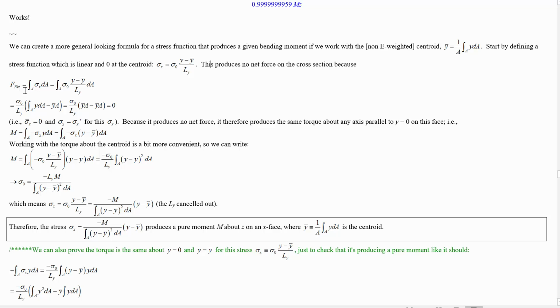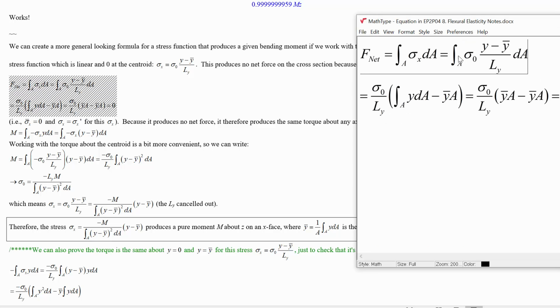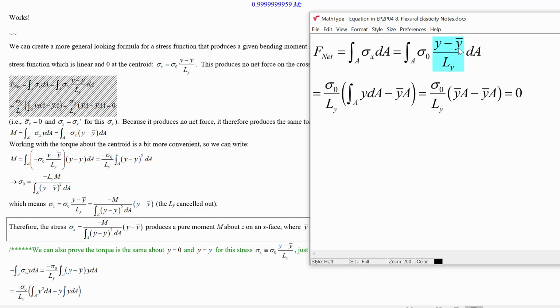So the net force that's produced by this, we would have an integral of our (y minus y bar) over Ly term. This is the stress we're asserting will have a form of a pure moment. Now, we can take out the sigma naught and Ly, and we're left with just this.